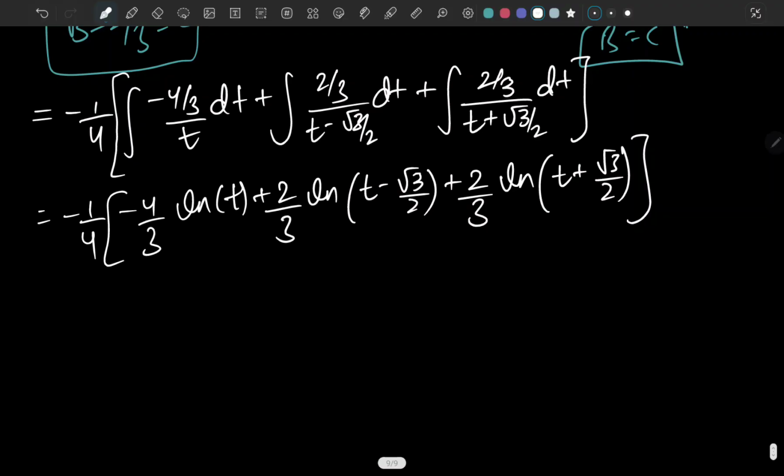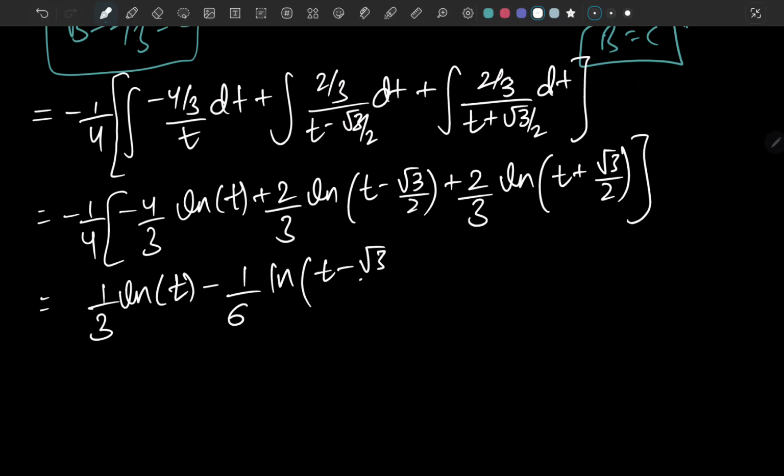Again, just multiplying the common factor inside the parentheses, we come across 1 over 3 ln t minus 1 over 6 ln of t minus square root of 3 over 2, and minus again 1 over 6 ln of t plus square root of 3 over 2.